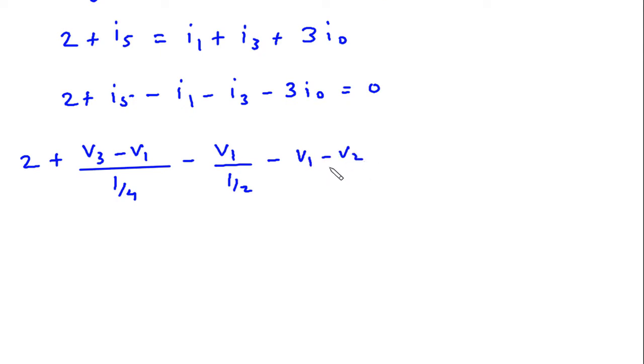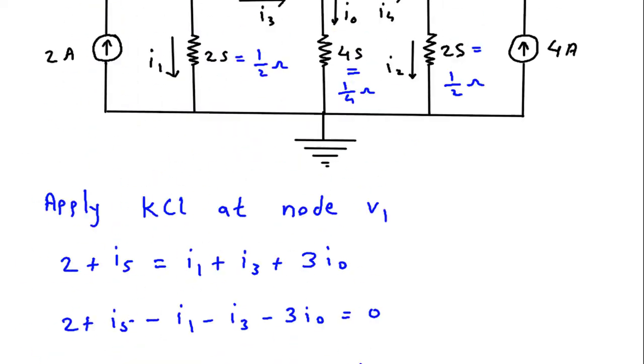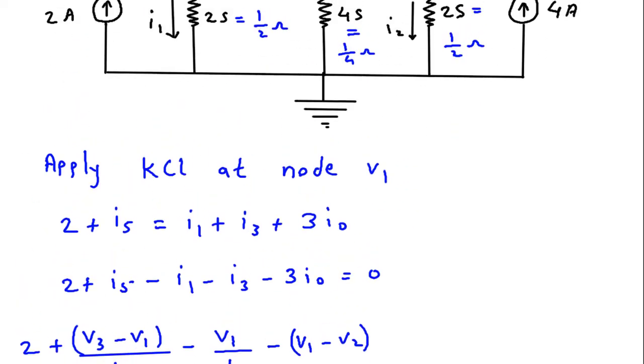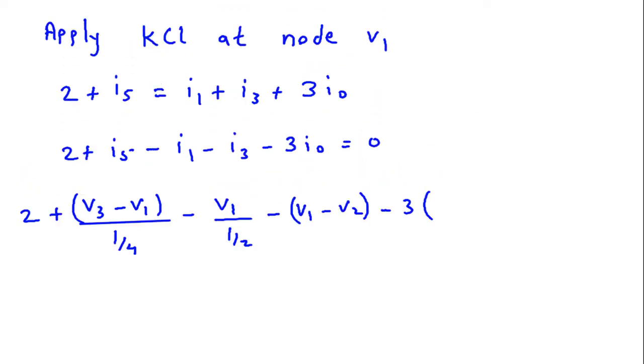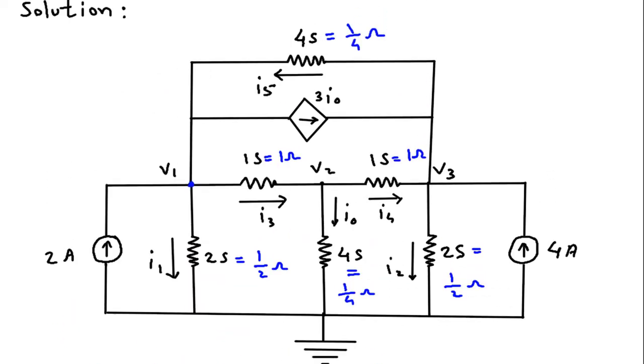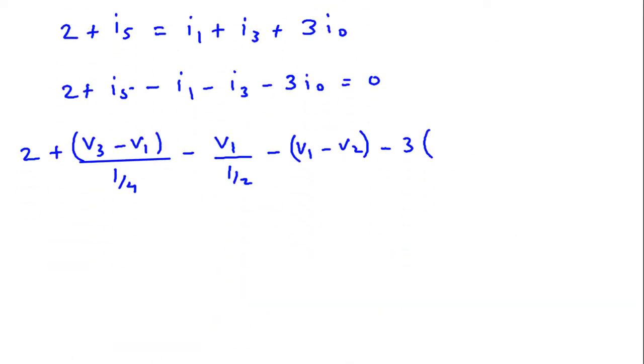Then minus 3IO. So IO is V2 minus 0 by 1 by 4, is equal to 0.